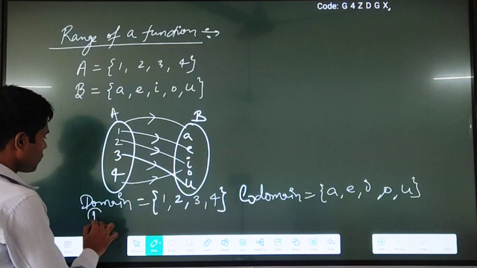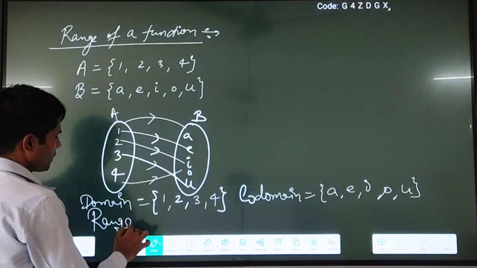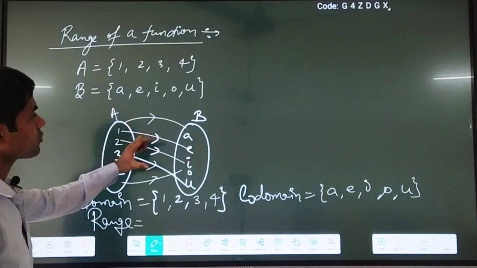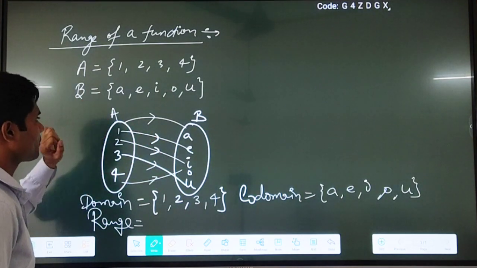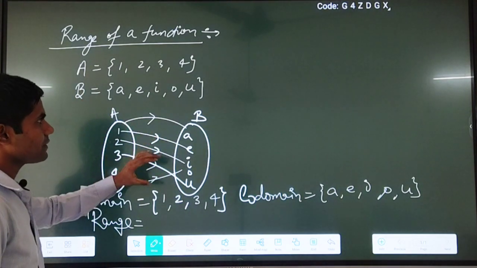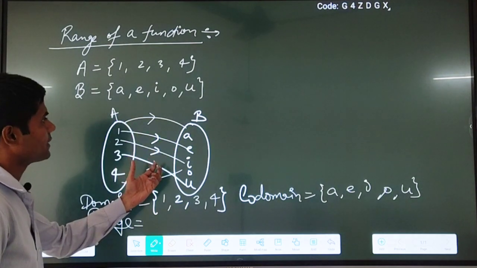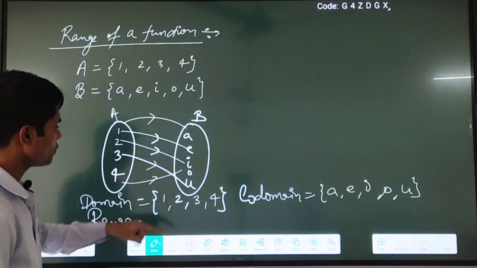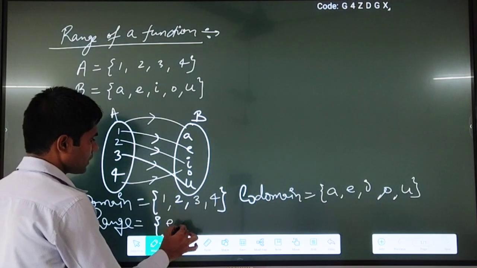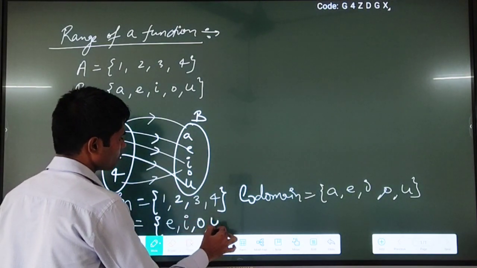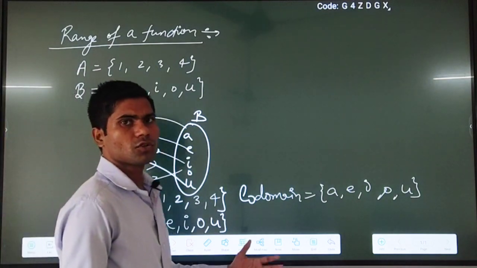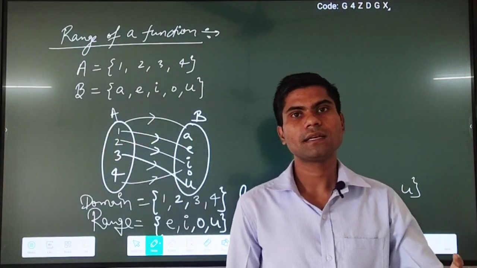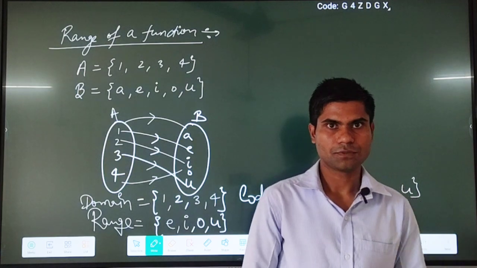But if we are talking about range, it is all those elements of B which are connected to the elements of set A. So how many elements are there in set B which are connected? E, I, O, U. These are 4 elements. Okay students? So this is the basic idea about domain, codomain and range.